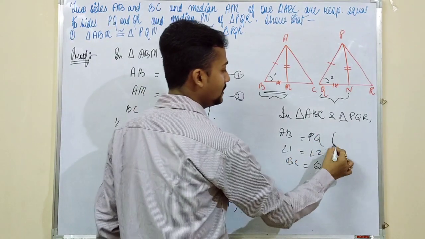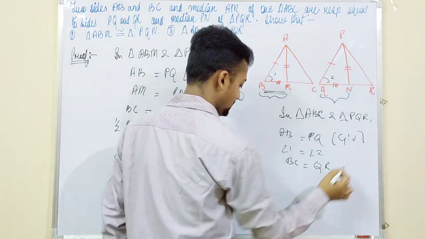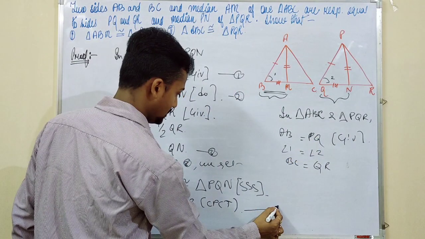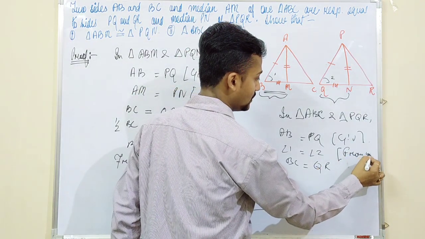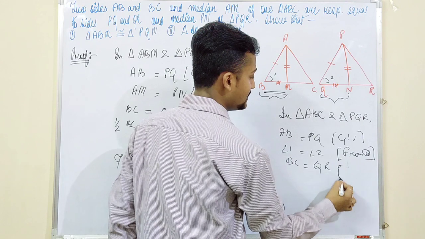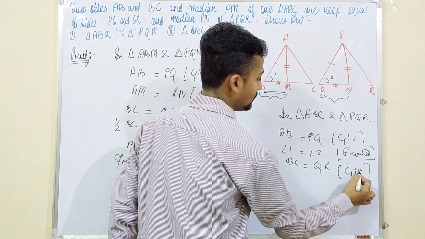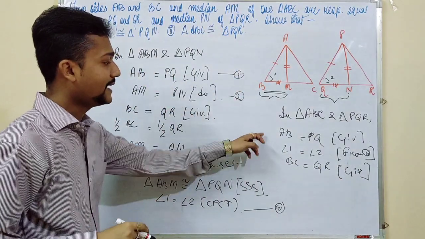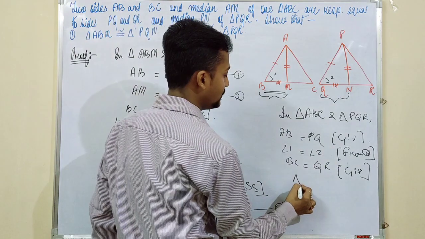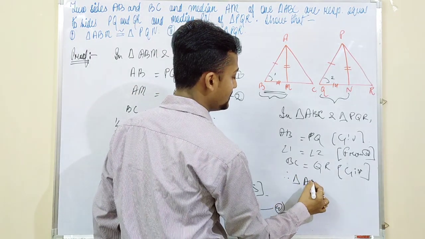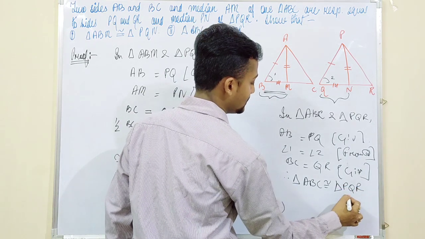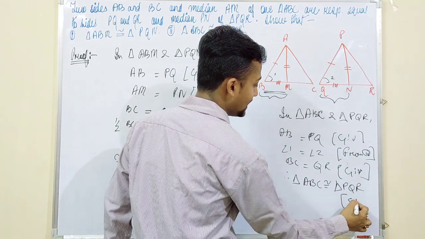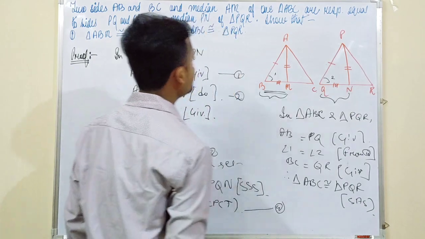So this is given, this we have got, mark it as 4, from 4, isn't it? And this is given. So by side angle side both the triangles are congruent, therefore triangle ABC is congruent to triangle PQR. How? Side angle side. Hence proved.